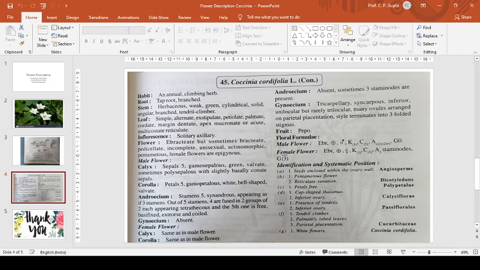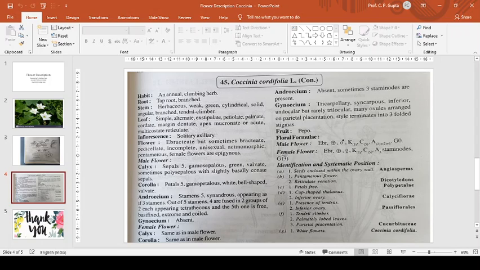It is very much of economic importance. This family is, and when we go to Coccinia cordifolia, its fruits are edible and used as vegetable. Juice of leaves and roots is used against diabetes. Leaves are also used in skin infections.